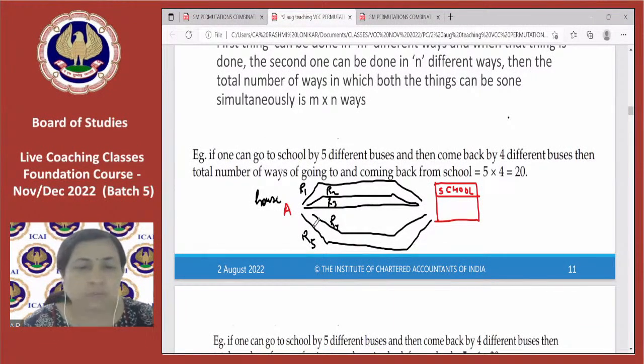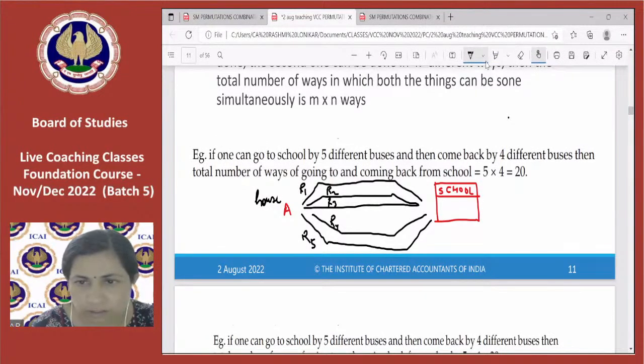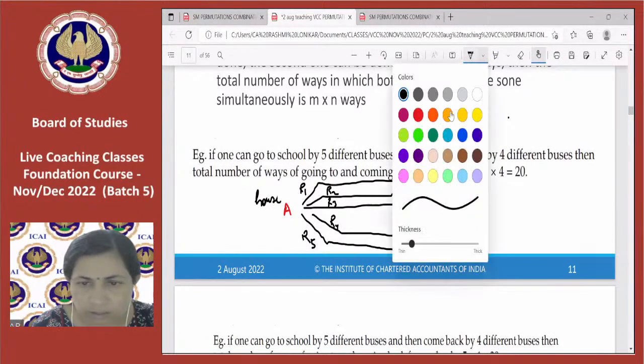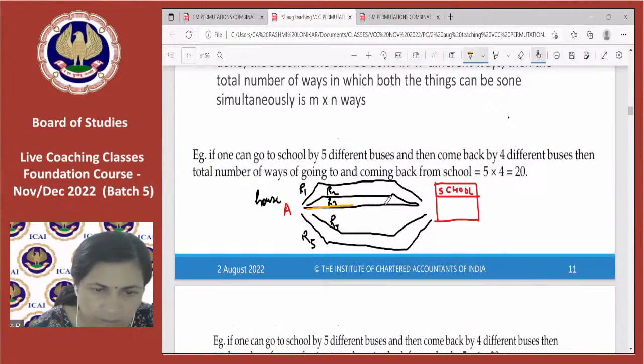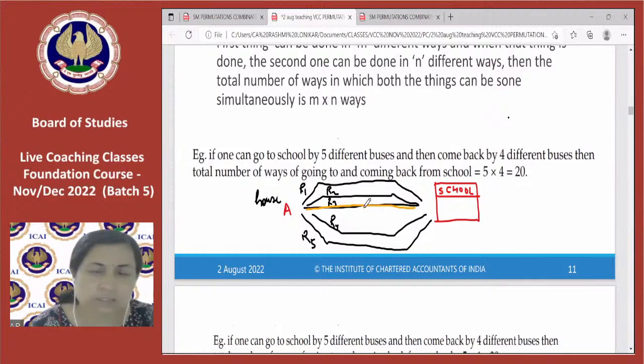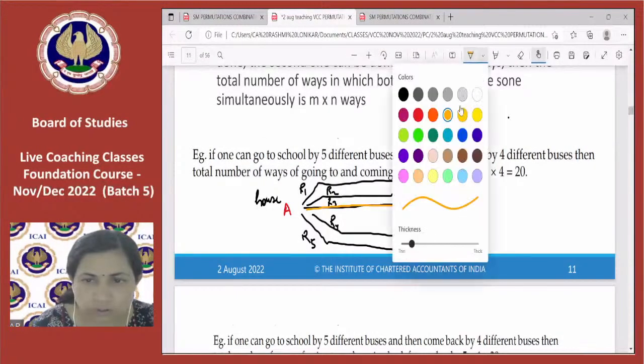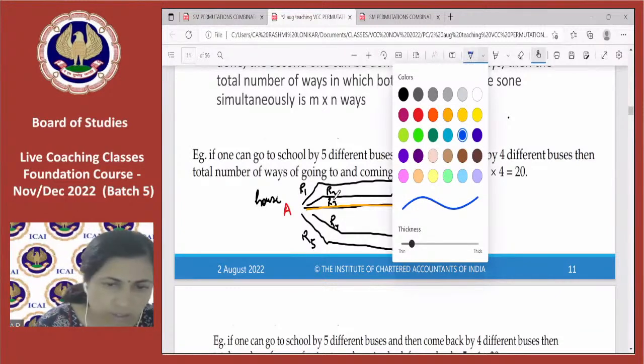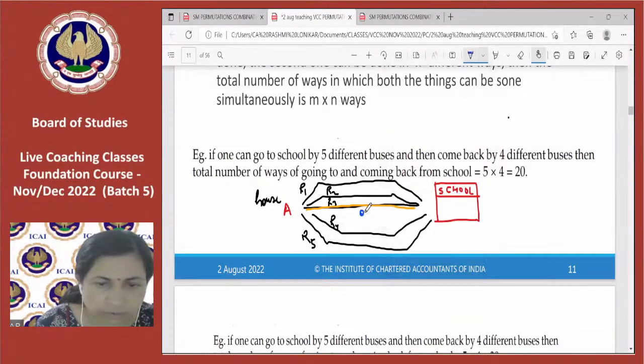But what happens is this special road over here, this R3 bus goes on this road, and this is a one way. Okay, this road is one way.